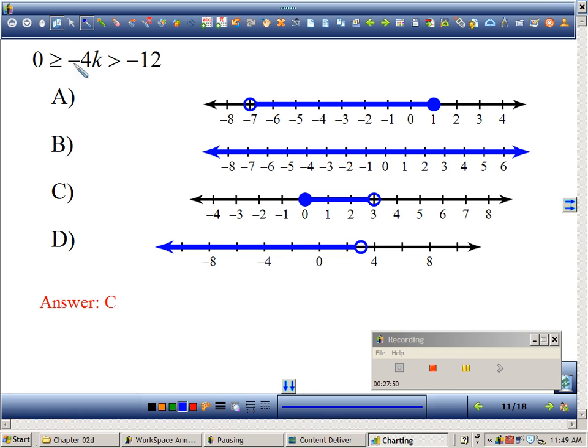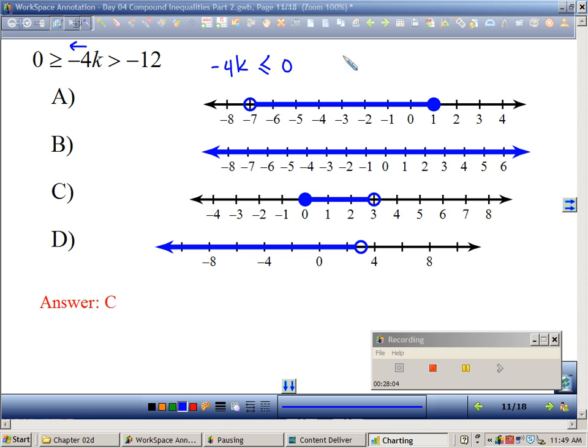Let's check this one out. All right, so I'm going to separate these two. I've got negative 4k is what? If I'm going in this direction, what's that sign say to me? Less than or equal to 0, and negative 4k is greater than negative 12. If I divide by negative 4, I just divided by a negative, right? I would get k is greater than or equal to 0. Correct?